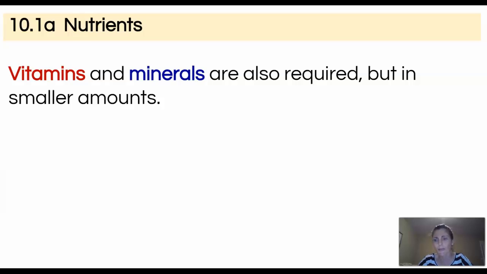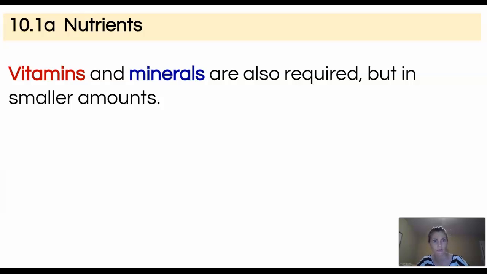Typically speaking, we would say that vitamins are organic in nature with a carbon backbone that is pretty similar to our macromolecule groups, nutrient groups we just talked about, whereas minerals tend to contain metals. So think, for instance, of calcium or iron.